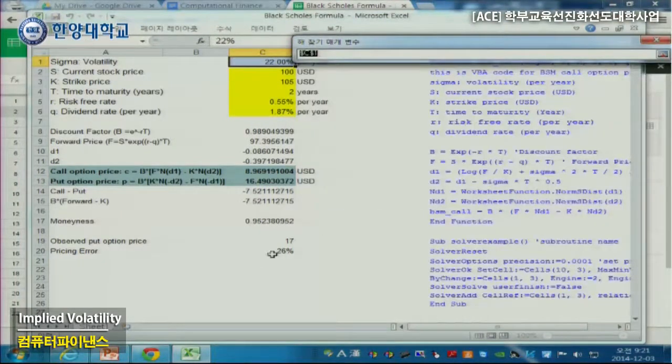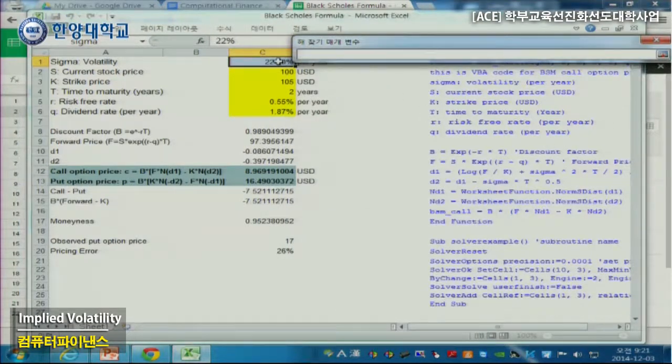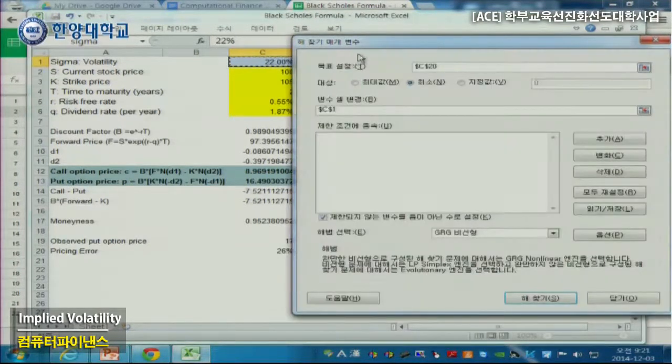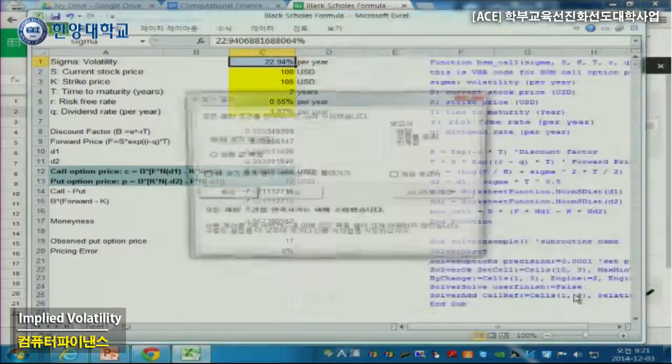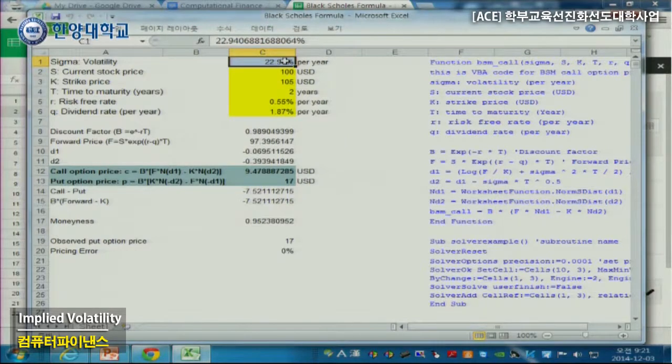Our target is the pricing error, and I want to minimize this one, and then we want to change what? Implied volatility. Right? So implied volatility should be slightly higher. It is natural, because our model put option price was lower than the observed put option price, and option price is an increasing function of volatility.